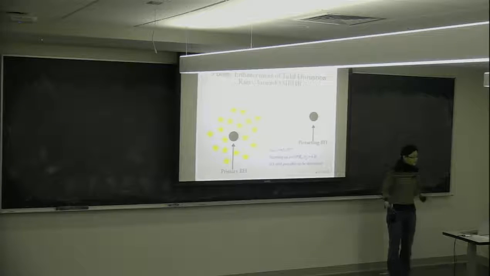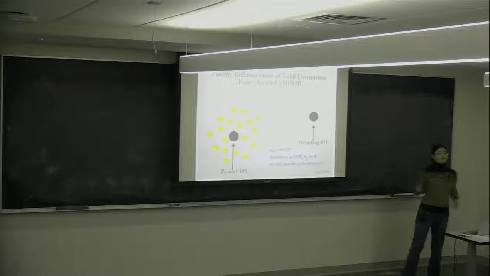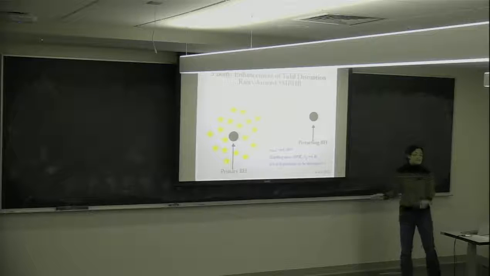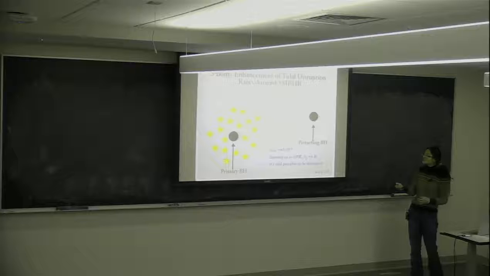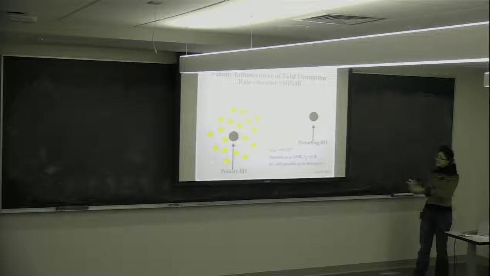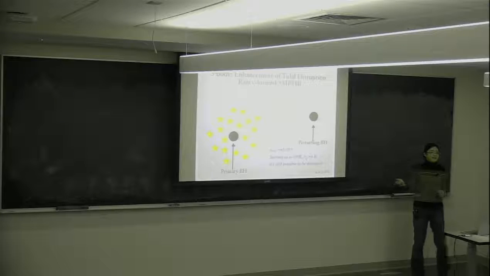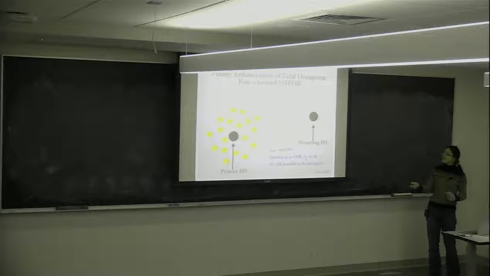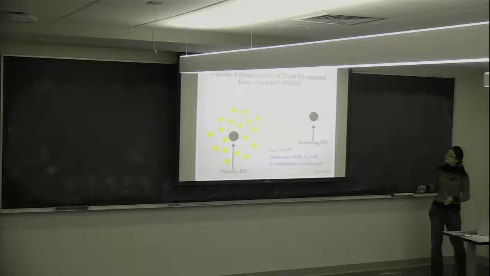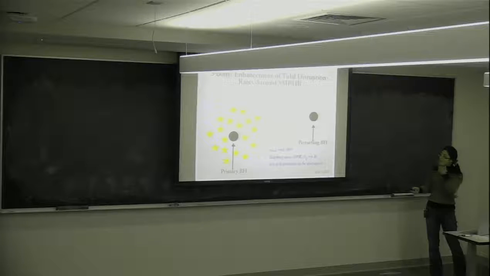This hierarchical three-body mechanism is very powerful in generating these events, as we've seen that the maximum eccentricity can reach 1 minus 10 to the minus 6. This means that even when the star is at 1,000,000 times the standard tidal disruption radius, the pericenter can still be brought very close to the supermassive black hole, around the tidal disruption radius, for the star to be disrupted.